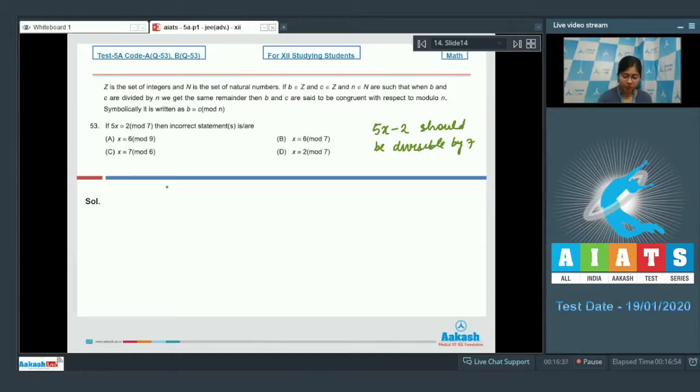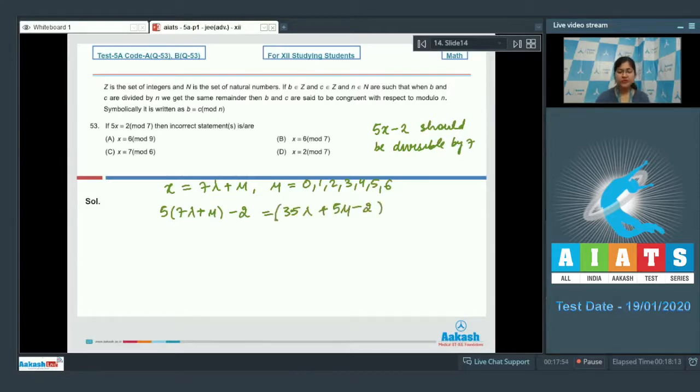Now let us assume x is equal to 7 lambda plus mu, where mu can be 0, 1, 2, 3, 4, 5 or 6. So let's put it back. We have 5 into x, that is 7 lambda plus mu, minus 2. This is equal to 35 lambda plus 5 mu minus 2.